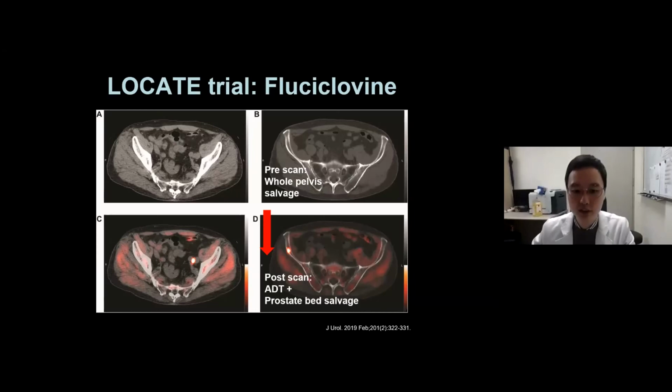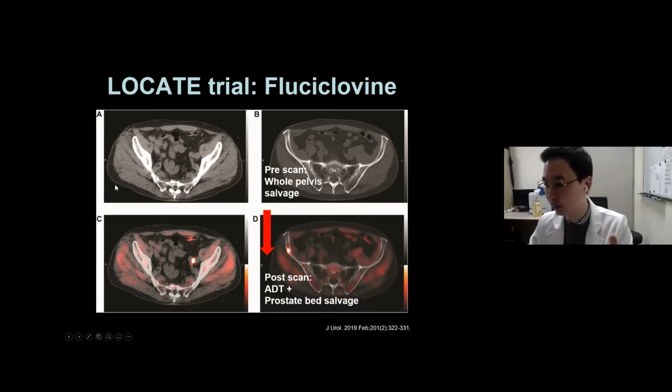So firstly, you can see this representative image. The case was a 77-year-old man with a biochemical recurrence after radical prostatectomy. The Gleason score was 3+4, and PSA was 1.38, which is not that high. However, because of the increasing PSA level, they did abdominal pelvic CT and bone scintigraphy.